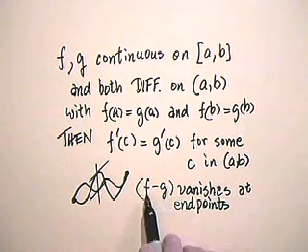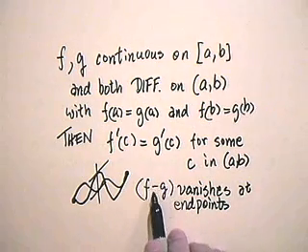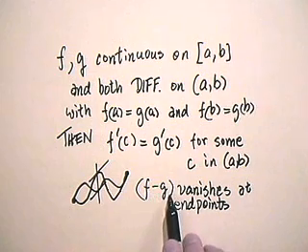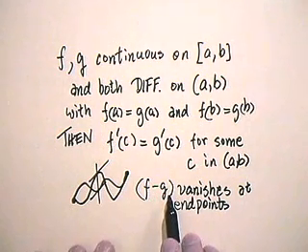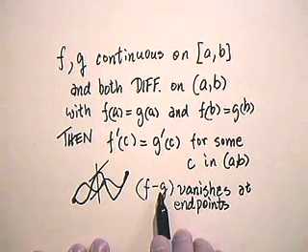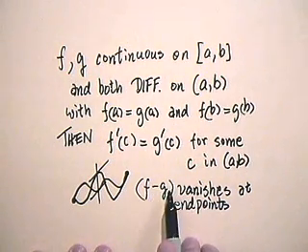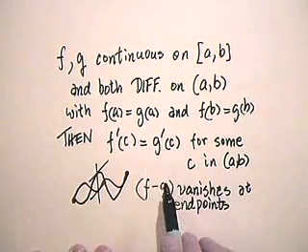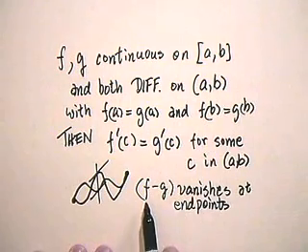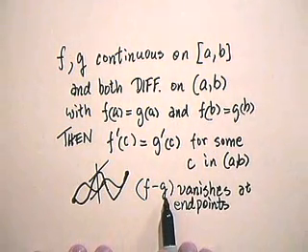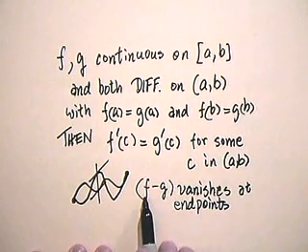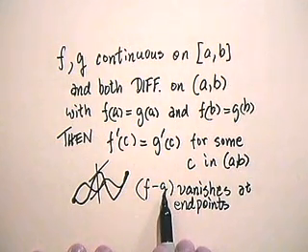Well, in particular, that means this function f minus g has the value 0 at a and the value 0 at b. And so by Rolle's theorem, since the value at both endpoints is 0, the same number, and since the difference will be continuous, since f and g are continuous, and the difference will be differentiable on the open interval (a, b), since f and g are differentiable, Rolle's theorem tells me there's some point c in the open interval (a, b) for which the derivative of f minus g equals 0.